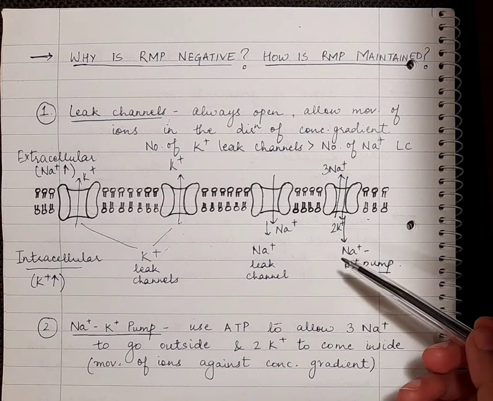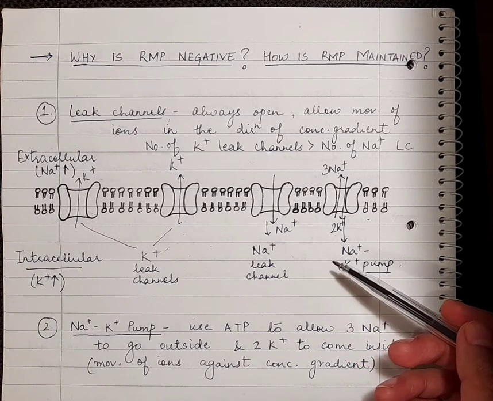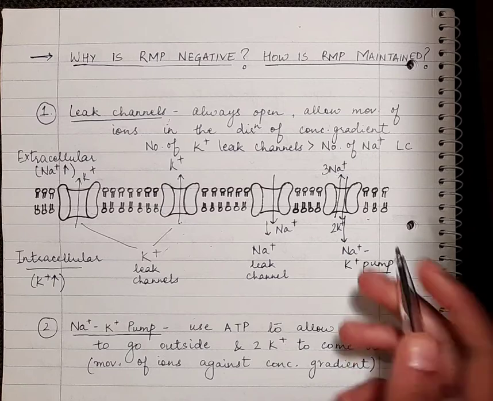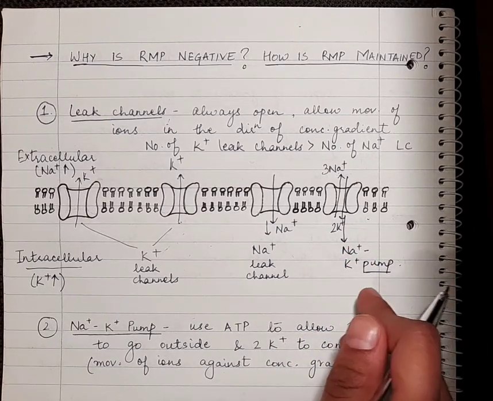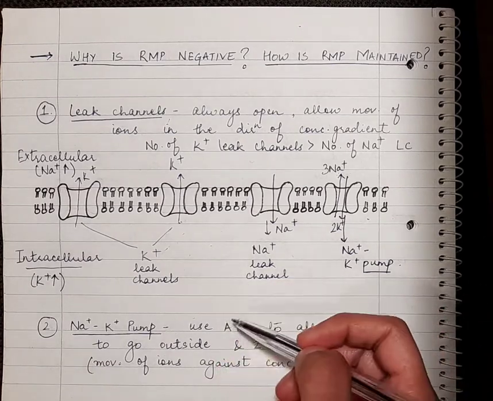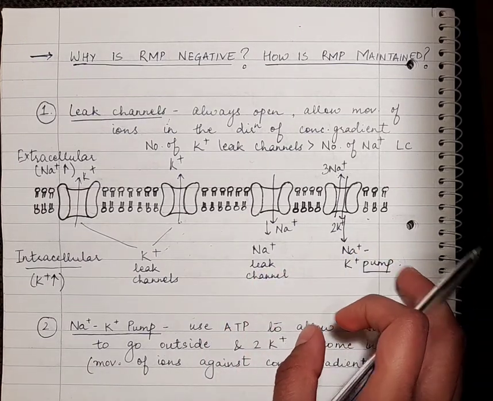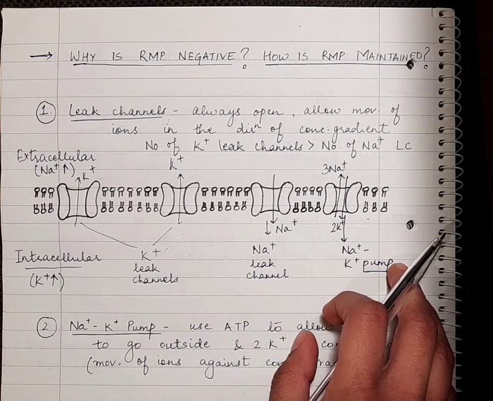So this is also another reason why the resting membrane potential is negative. And these are the two important channels which allow the resting membrane potential to be maintained. They both act opposite to each other and help in the maintenance of this resting membrane potential.